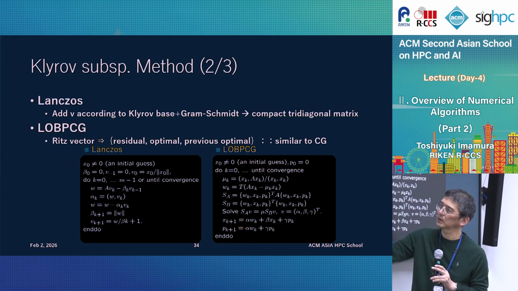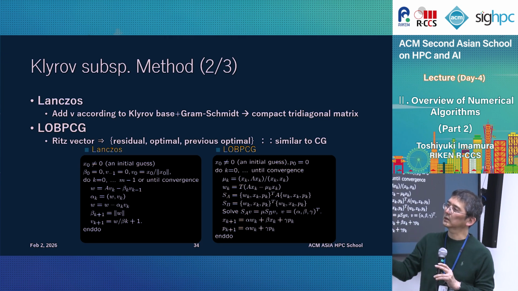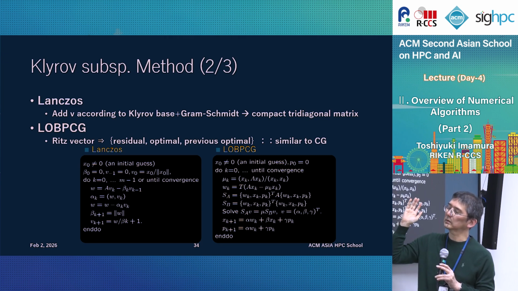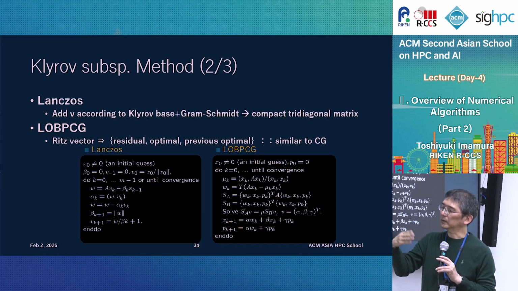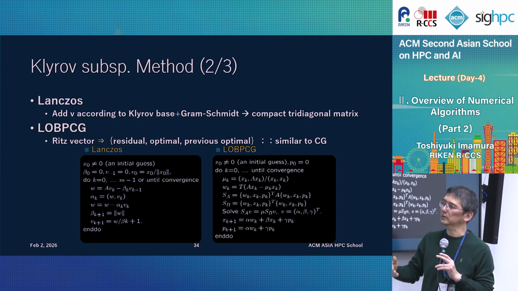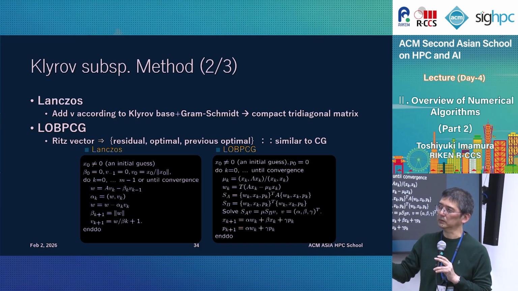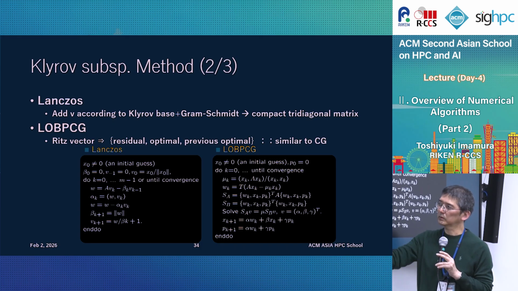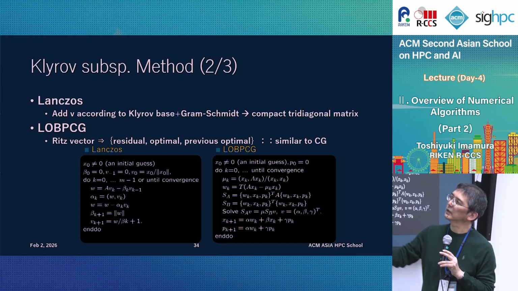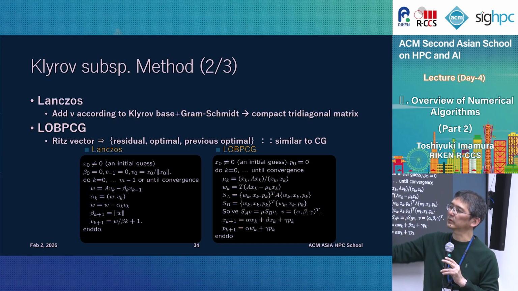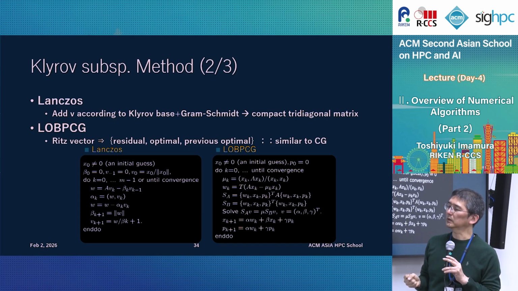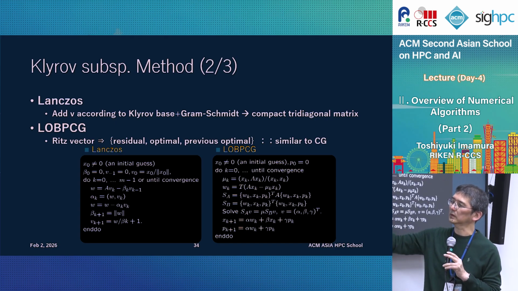This is a mathematical definition, and the mathematical analysis has been done very strictly over a very long mathematical history. So this was a very well known and powerful numerical algorithm for sparse eigenvalue problems.